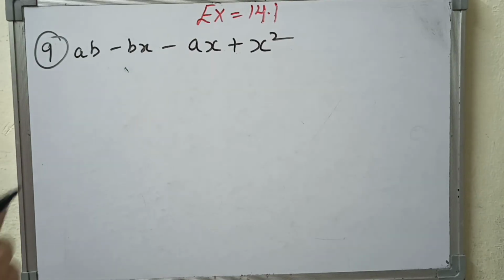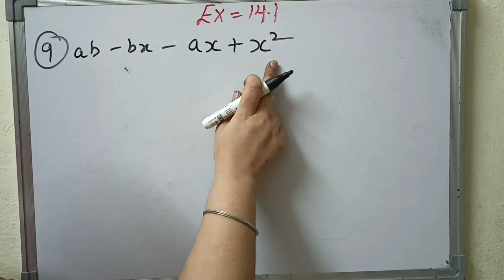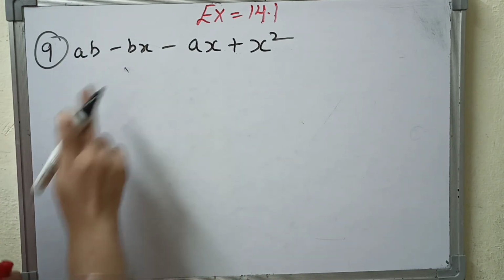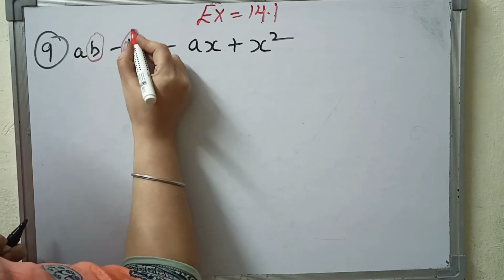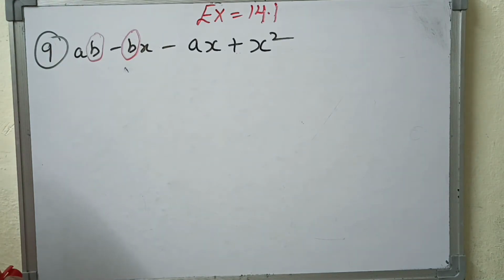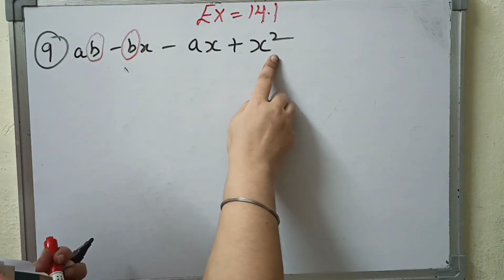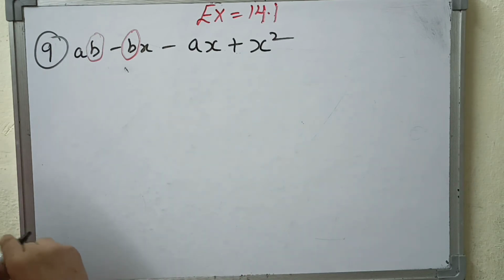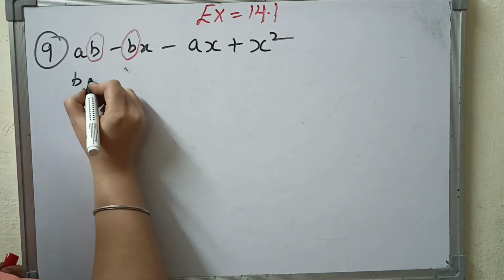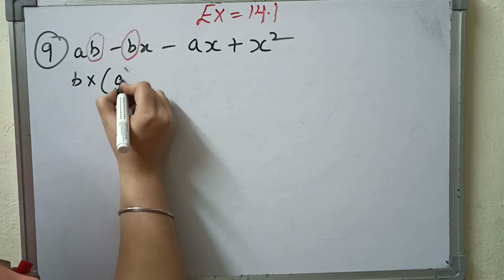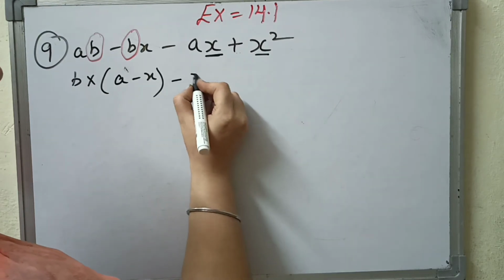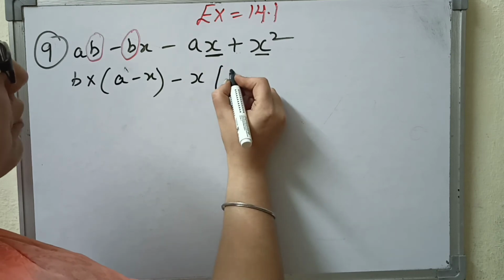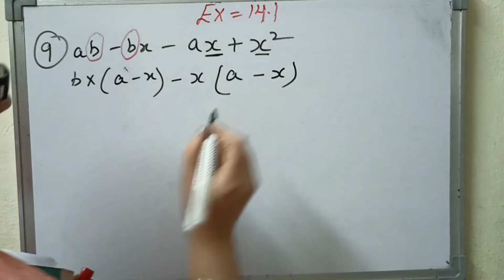Now in ninth sum again there are 4 terms. In first two terms b is common, and in third and fourth term x is common. So the first two terms can be written as b into a minus x, and here I will take minus x common, so the term left is a minus x.